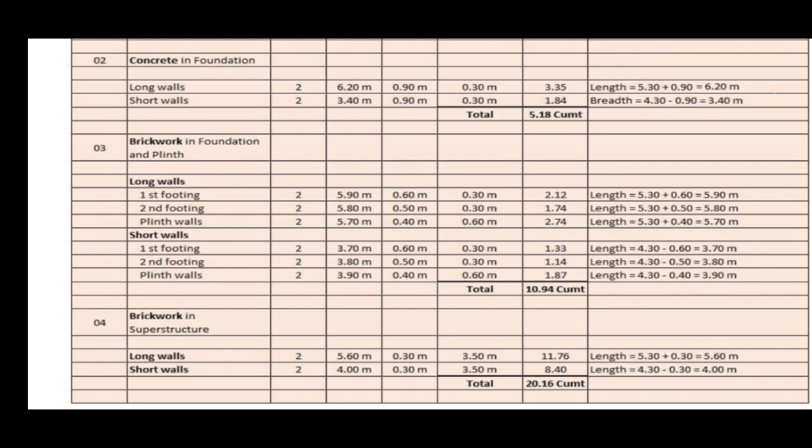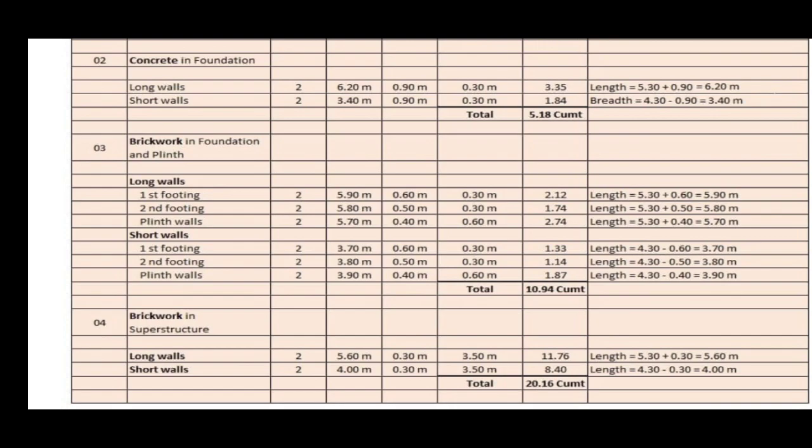The brickwork in superstructure consists of two long walls and two short walls. The long walls have length of center to center length plus half width of item from one side, that is 0.30 by 2, and half width of item from other side, that is 0.30 by 2. It comes that 5.30 plus 0.3 as shown in remark, it is equal to 5.6 meters.